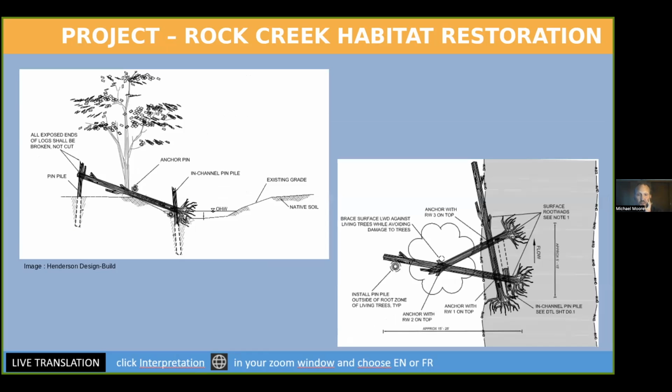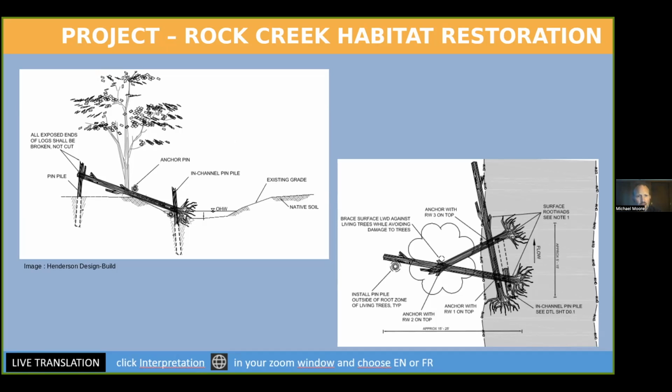The second one here is, in contrast, in a location where we do want to be preserving existing trees. And in that case, we're using the trees as a stability element in combination with pin piles on either side. We are stabilizing using the pin piles and the trees.